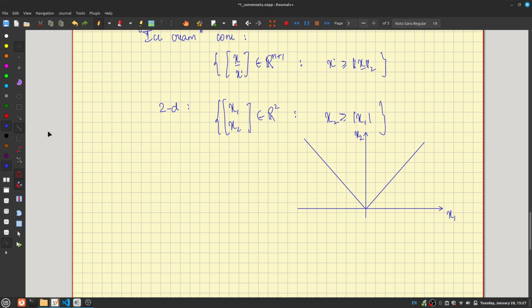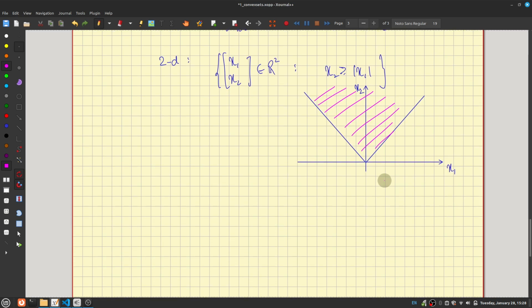What is the set of all (x1, x2) such that x2 is greater than or equal to mod x1? It is this entire region which is above the curve x2 equal to mod x1. Correct. So this is basically my set.